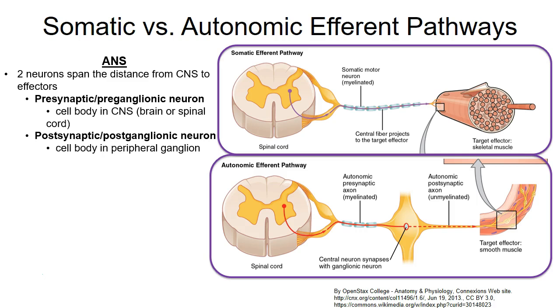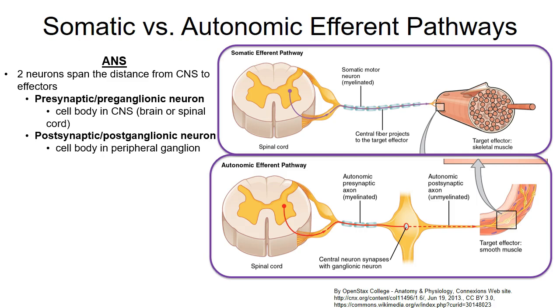So we could say this neuron is a presynaptic neuron, but we could also call it a preganglionic neuron too, right? It leads to this ganglia, or it leads to the synapse. The second neuron that continues carrying that information to the effector, we can call it a postsynaptic neuron or a postganglionic neuron.